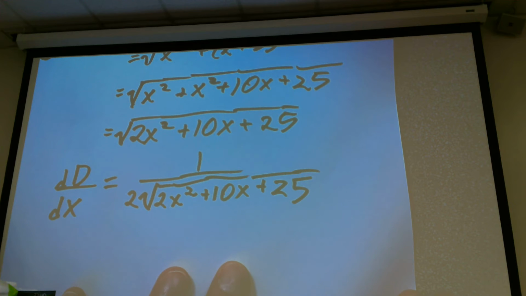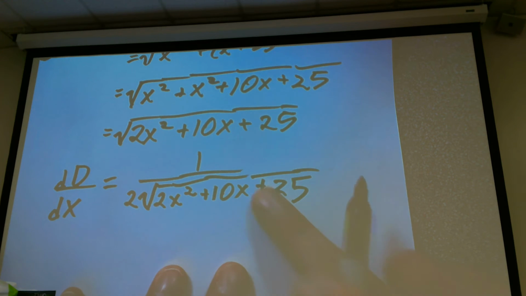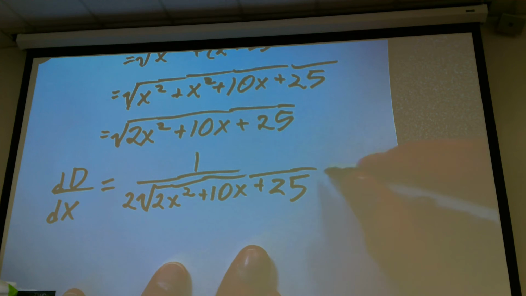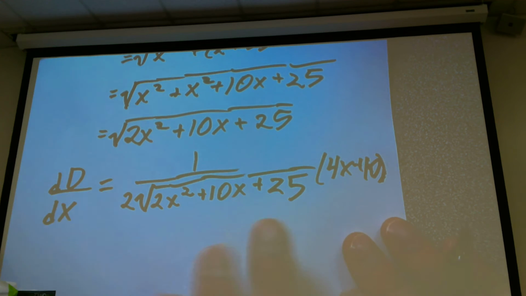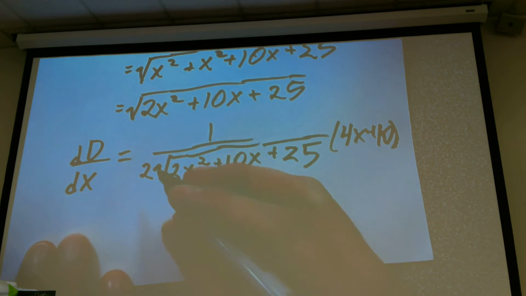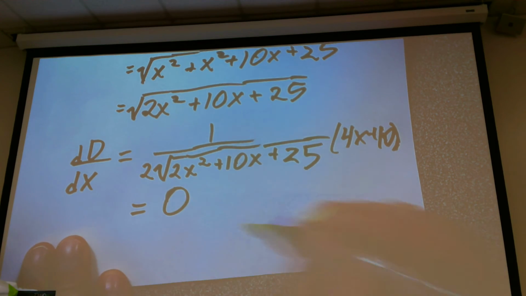And we have to obey the chain rule as well. So now we're going to have to take the derivative of what we have on the interior, so that would be 4x plus 10. And remember, set this equal to 0.